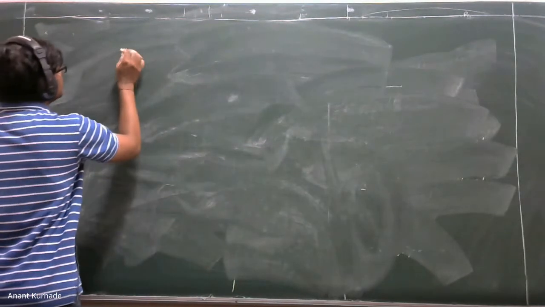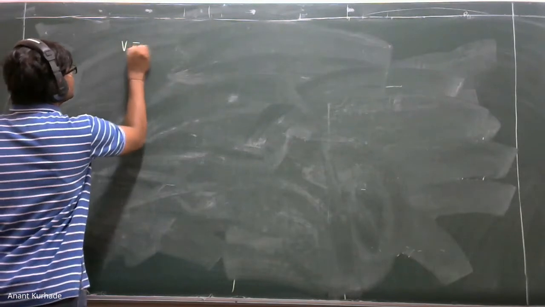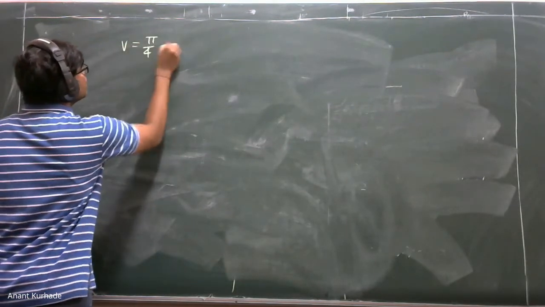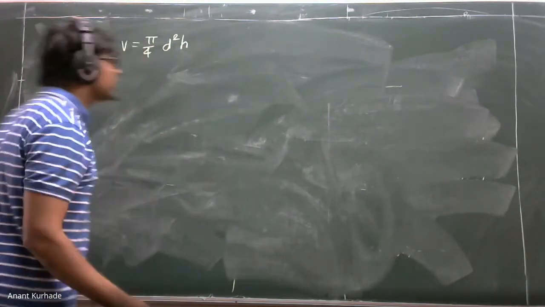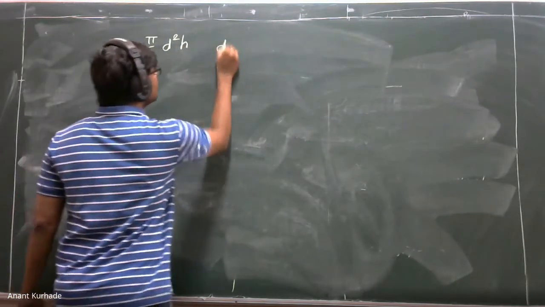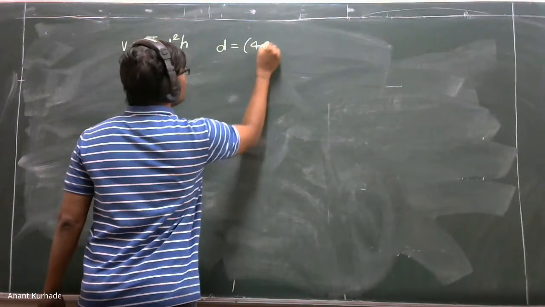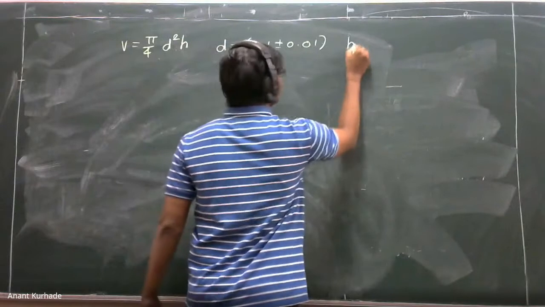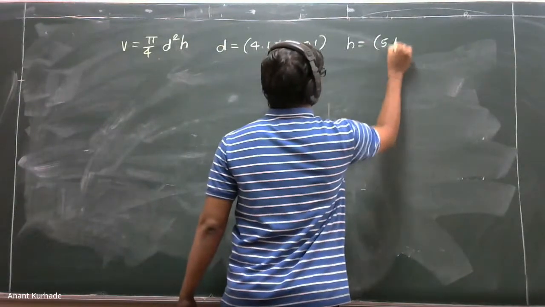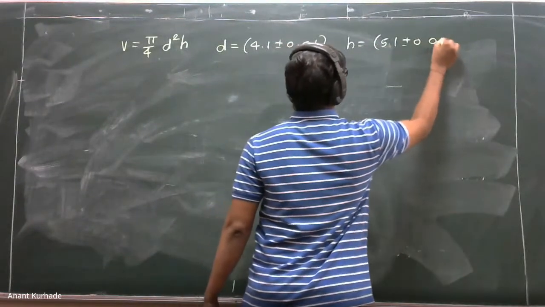Now see, V is given as pi by 4 d square h, where d is given as 4.1 plus minus 0.01, and h is given as, say, 5.1 plus minus 0.001.